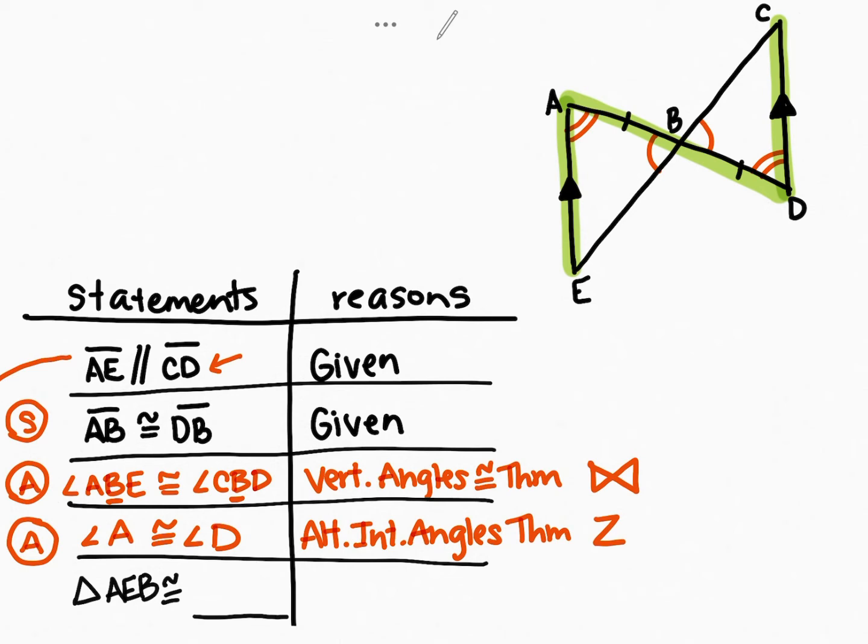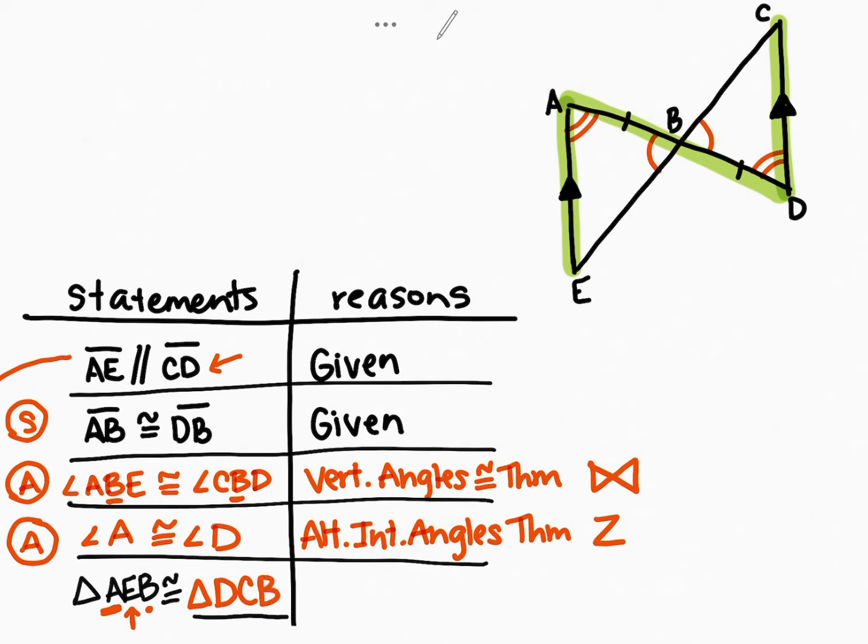I left this last little part blank because I want to make sure that you are naming the triangles in the correct order. If somebody calls this first triangle A, then E, then B, I have to be really careful what I call the second triangle. I can't just put them in alphabetical order. I have to use the corresponding parts. So what angle matches up with angle A? That would be angle D. And what matches up with angle E? That would be angle C. And what matches up with angle B?